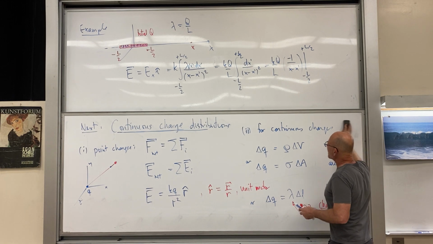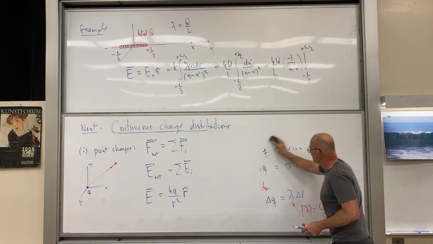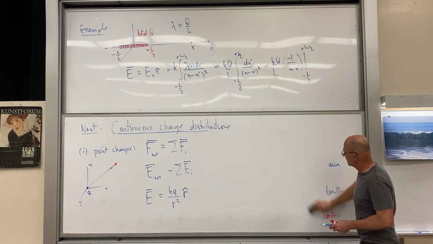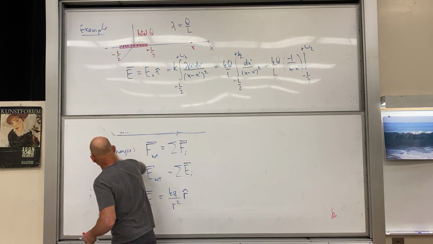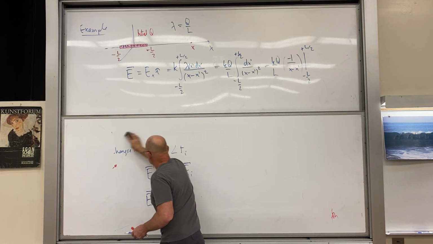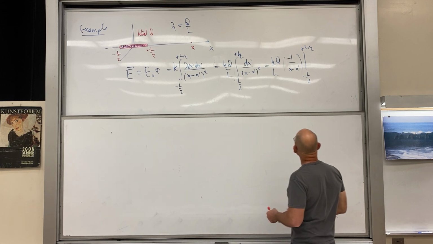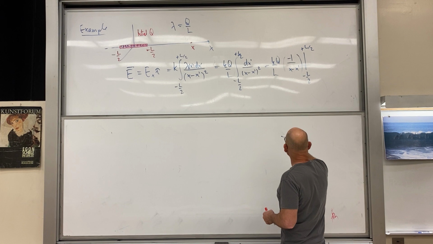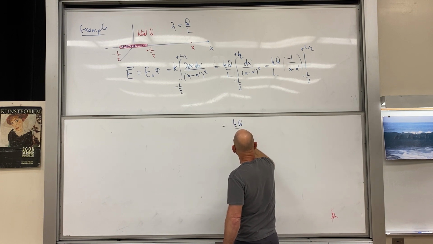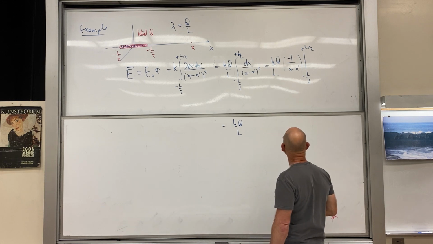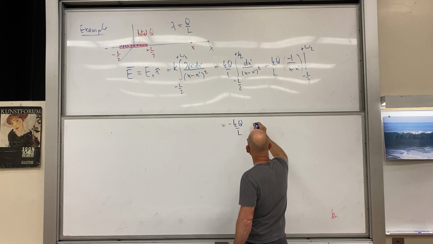So continuing. So we want to evaluate this thing, and we have, continuing our equal sign, K Q over L. We've got a minus sign, that's fine.